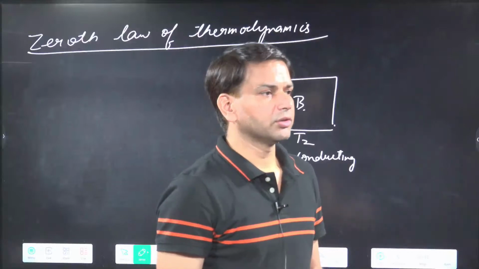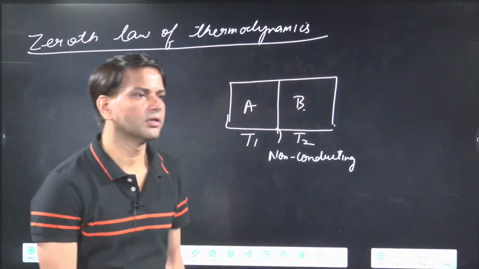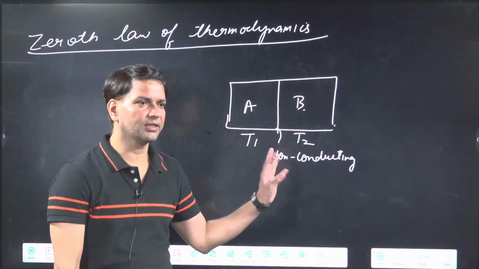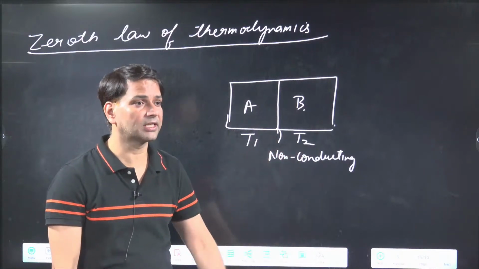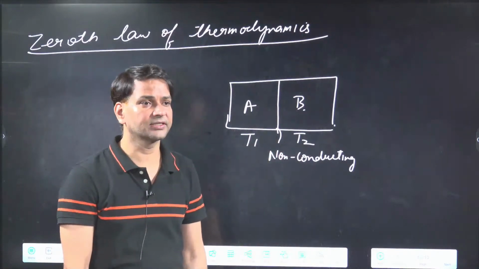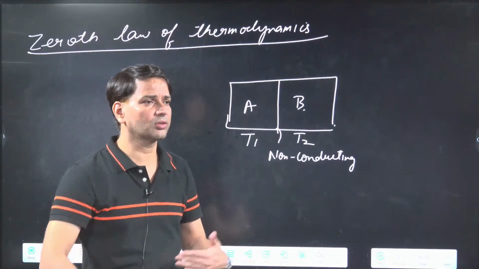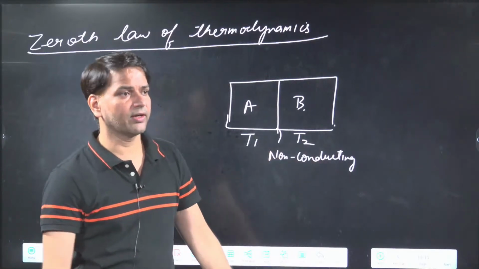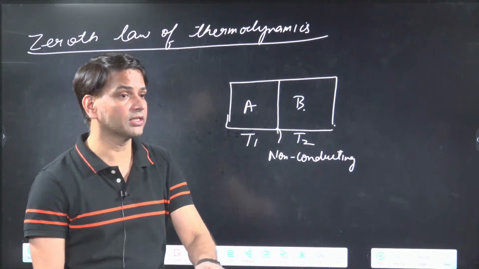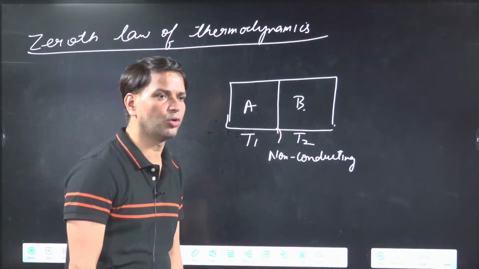Can they exchange heat or not? No. Why? Heat cannot go through the non-conducting wall. So their temperatures will be different, and they are not in thermal equilibrium.